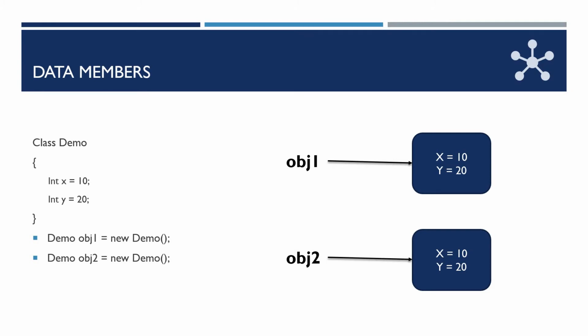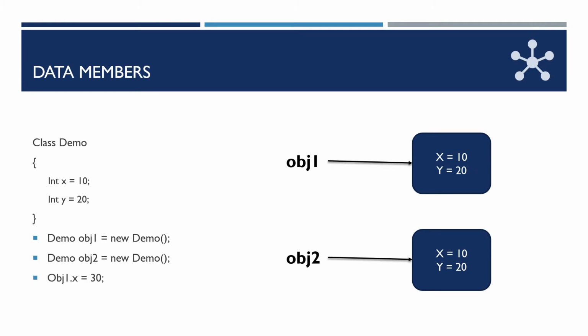So now obj1 values and obj2 values are completely different. If you modify obj1.x, only the first memory location x will be modified. If you modify obj2.x, the second memory value will be modified.